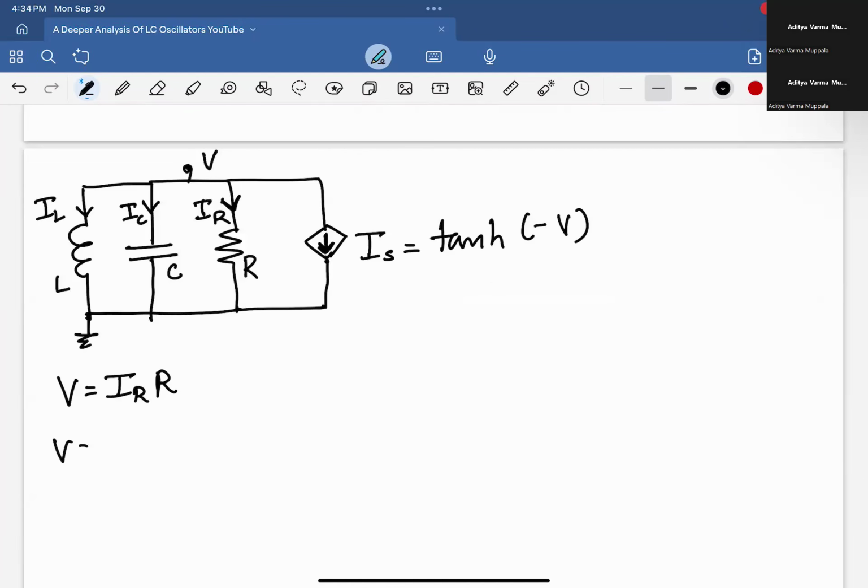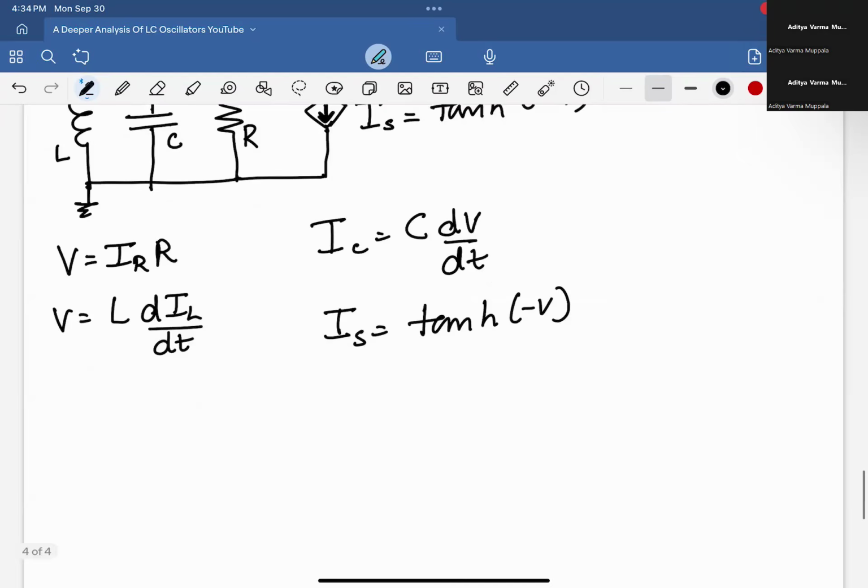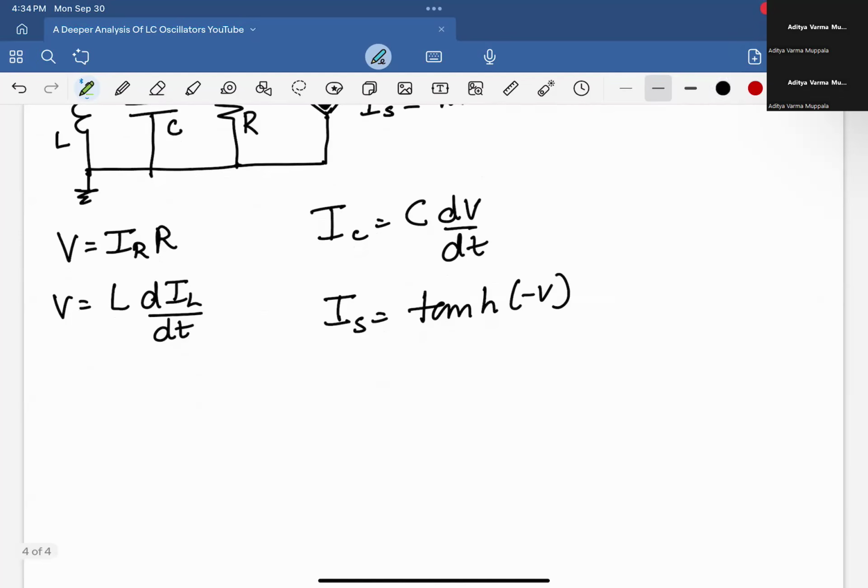And then for the inductor, we have V equals L dI_L over dt. And then for the capacitor, you have I_C is C dV over dt. And lastly, for I_S, it is tanh of minus V, right? So then what we can do is just expand these out and write a single equation.